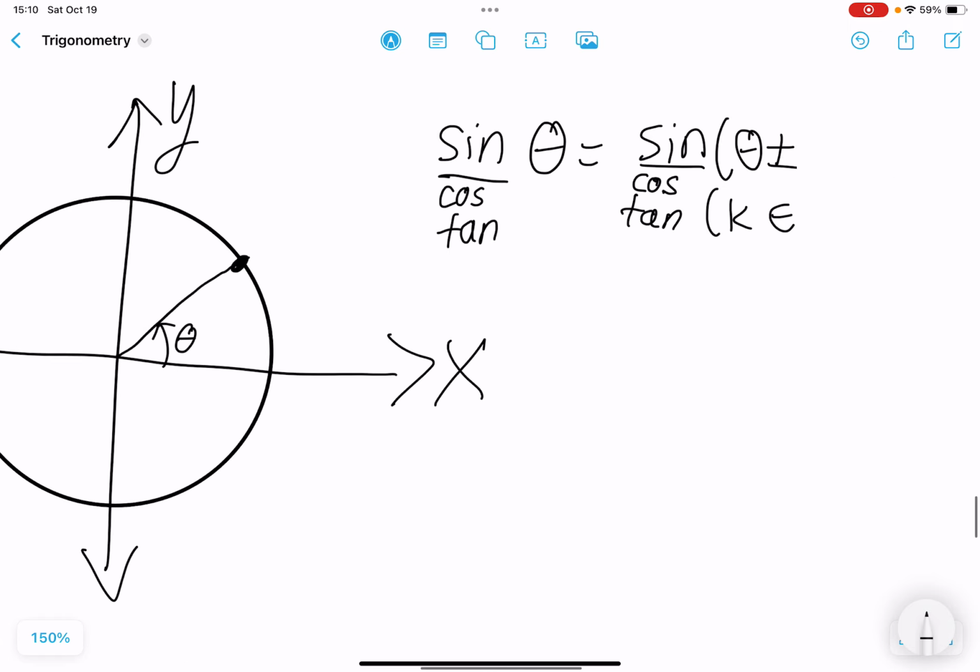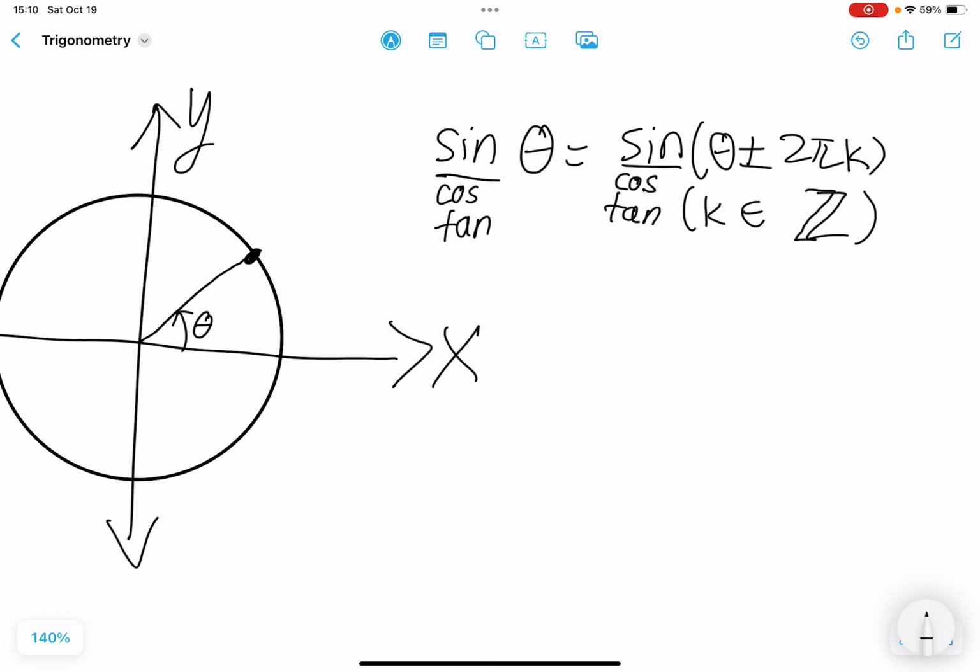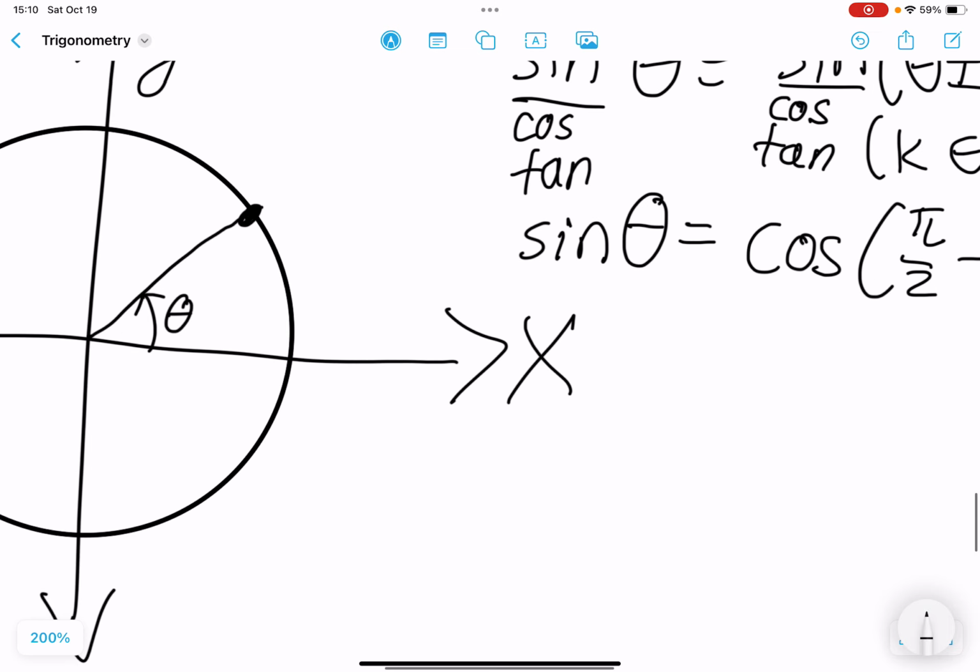Now property number 2 is that sine theta equals cosine of pi over 2 minus theta. What does this mean?